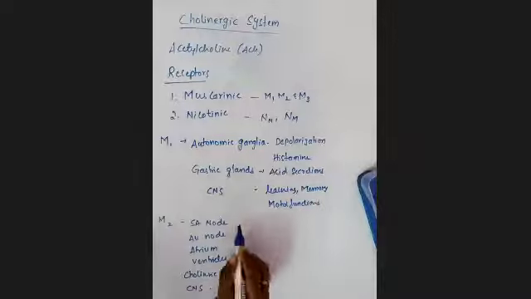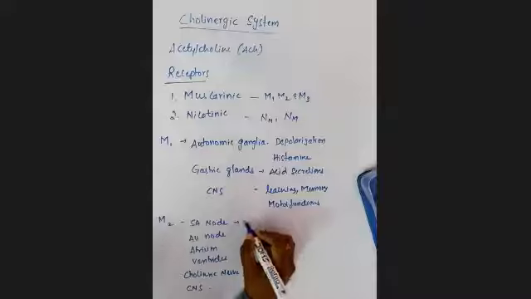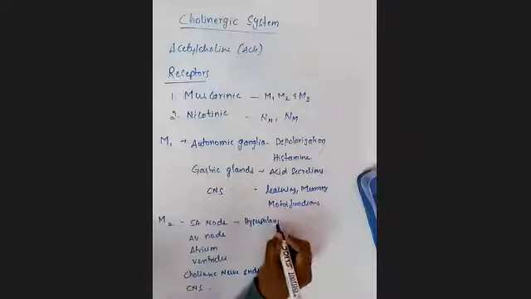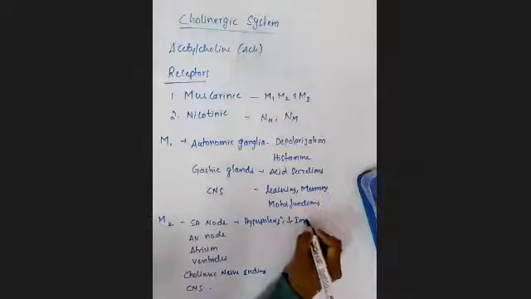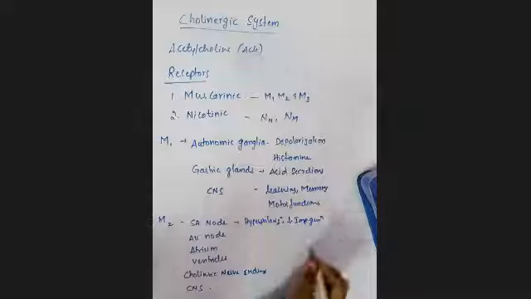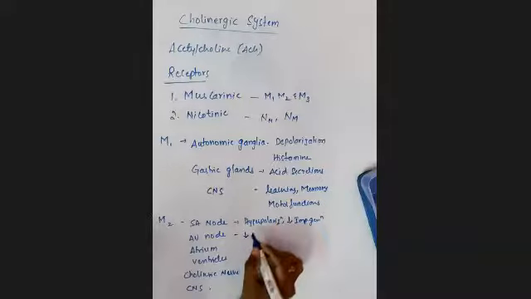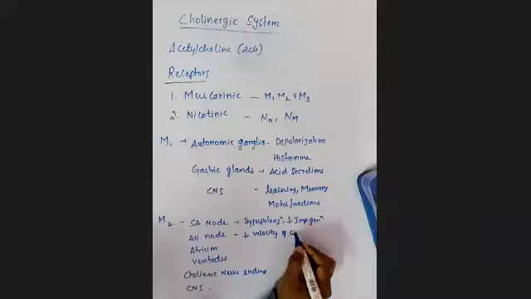Clear? Because it is present in the SA node, it causes hyperpolarization and decreases the rate of impulse generation. Regarding the AV node, it decreases the velocity of conduction.